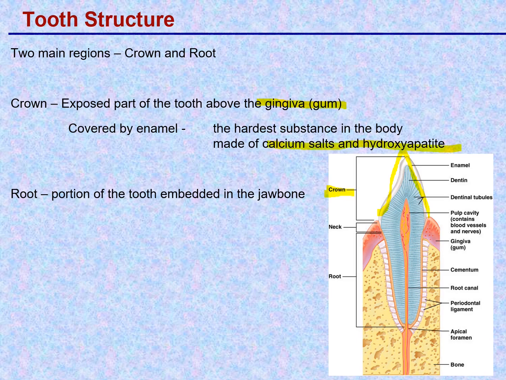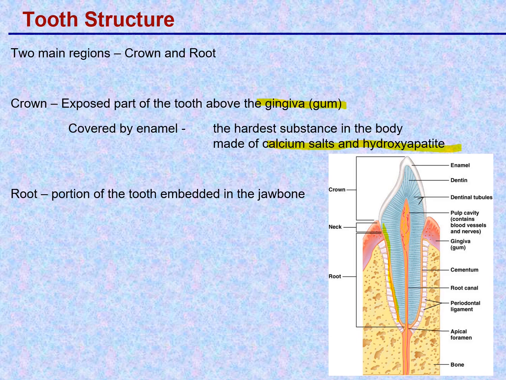The root is the part that's embedded down below the gum line and into the jawbone. That's the root portion, and the root canal is the central canal area here, which contains blood vessels and nerves. So that's the main structure of a tooth, the crown and the root.